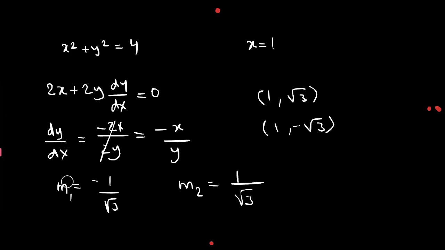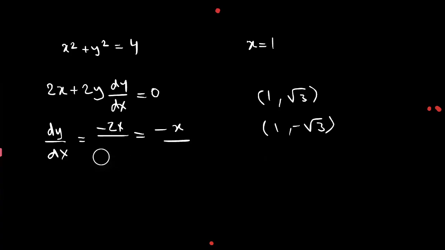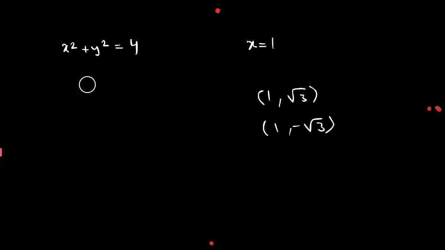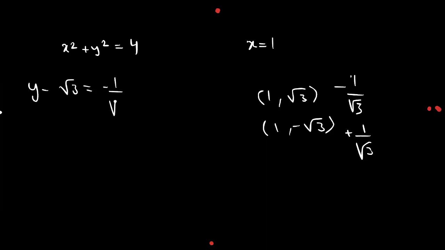So now we have everything we need to come up with the equations for these tangent lines. We have the points, and we have the slopes. The slope here is -1 over root 3. This one is positive 1 over root 3. So we end up with y minus root 3 is equal to -1 over root 3 times x minus 1.